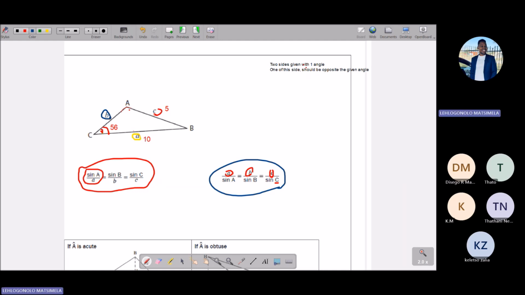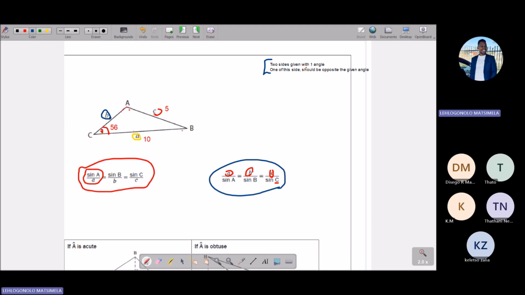Now, the condition of two sides given with one angle: that angle should be opposite to one of the given sides. So here the statement is correct. The angle 56 is opposite to one of the sides, which is 5.